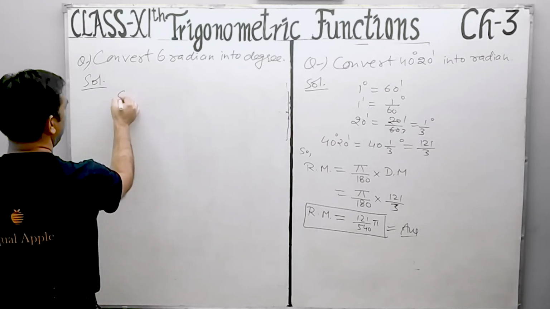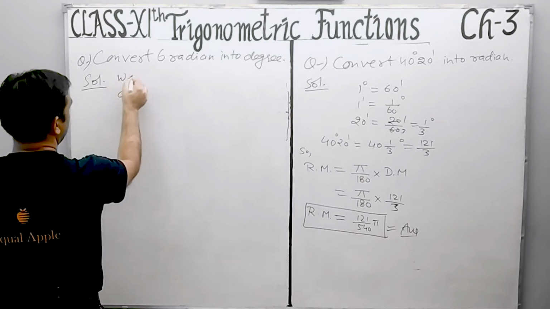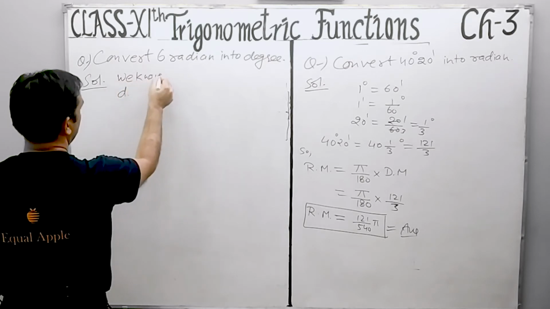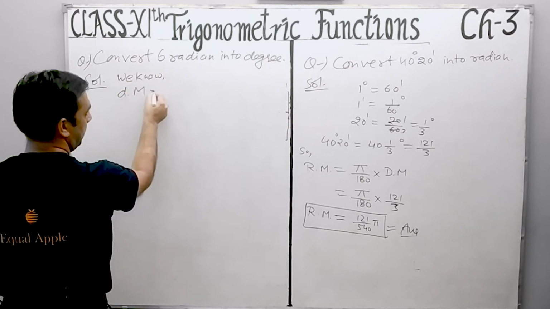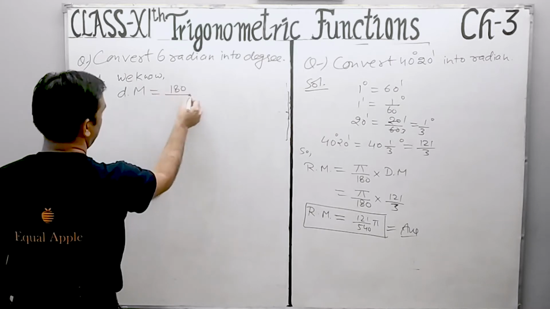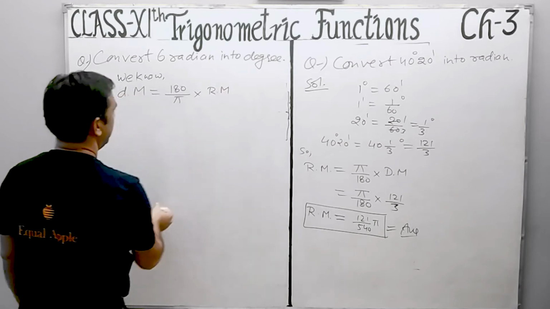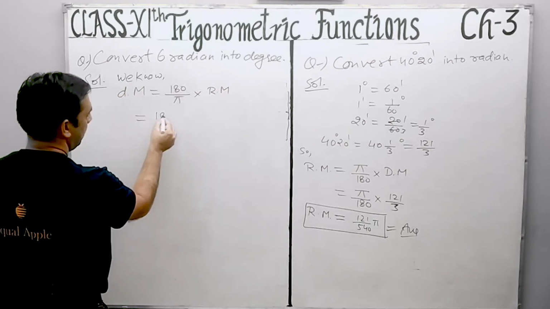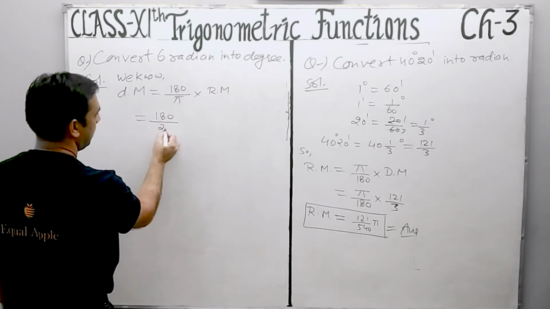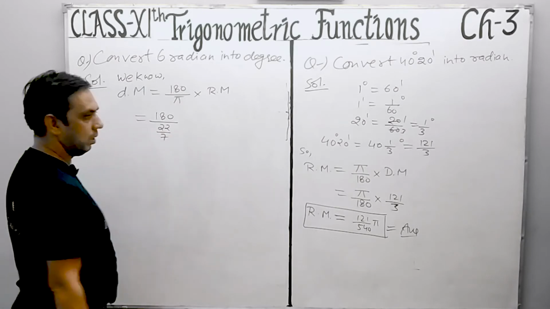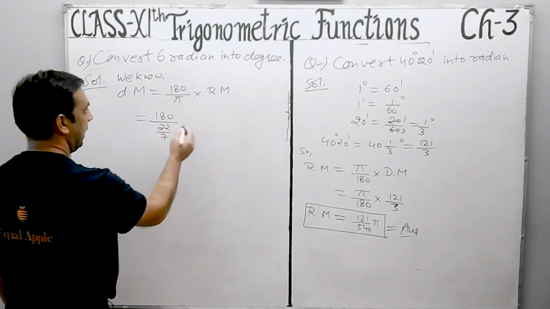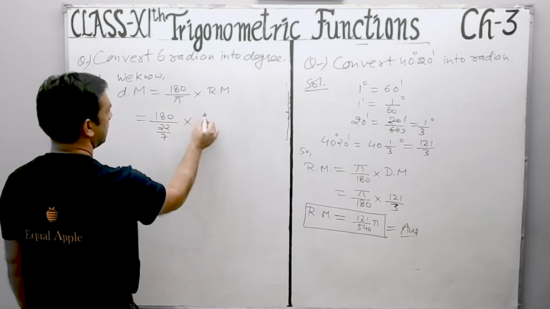The formula of degree measure is 180 upon pi into radian measure, right? Here we can put the value of pi as 22 by 7, which you are familiar with, and the radian measure is 6.